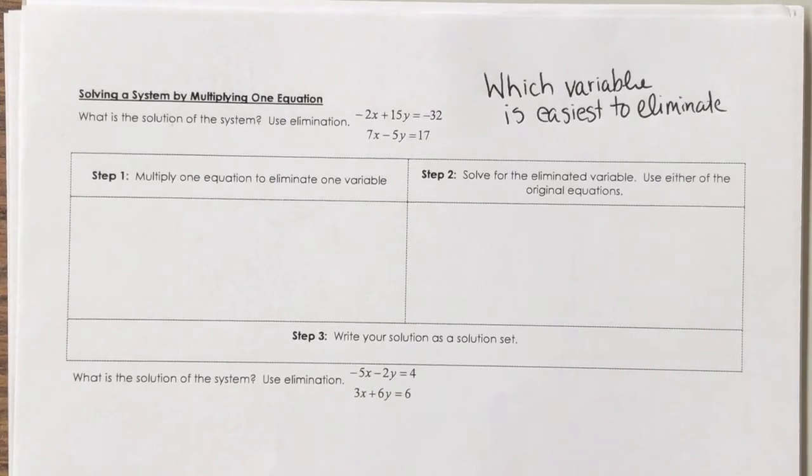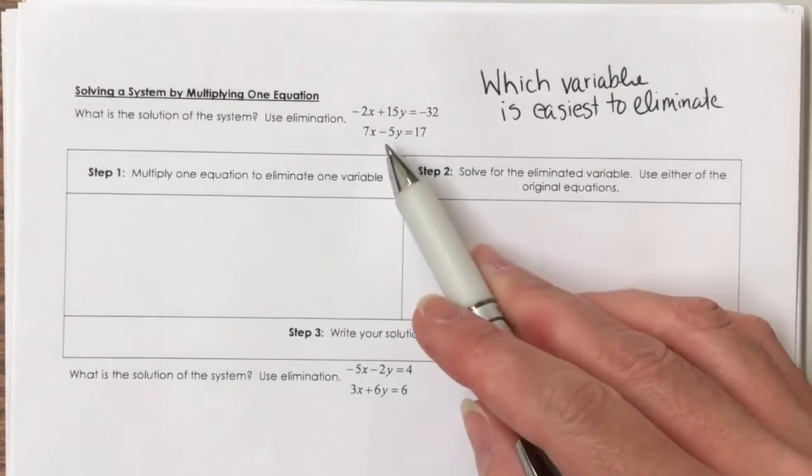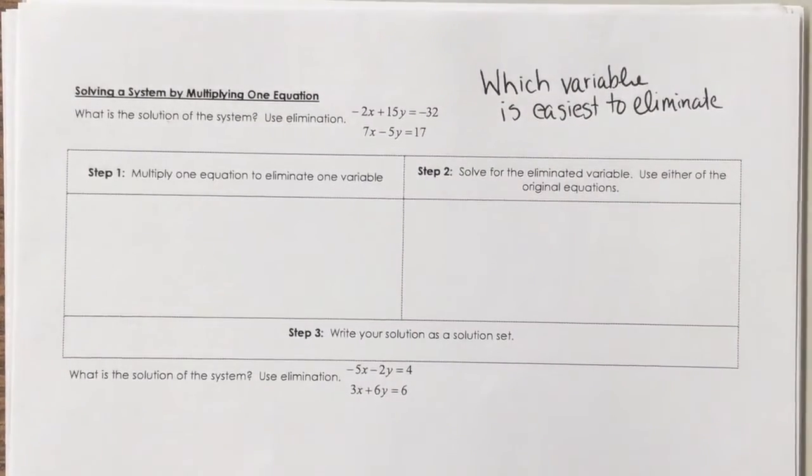Here I notice, maybe my y's. You see, I have a 15y and a negative 5y. And so all I need to do is make that negative 5 into a 15. So how are we going to do that?